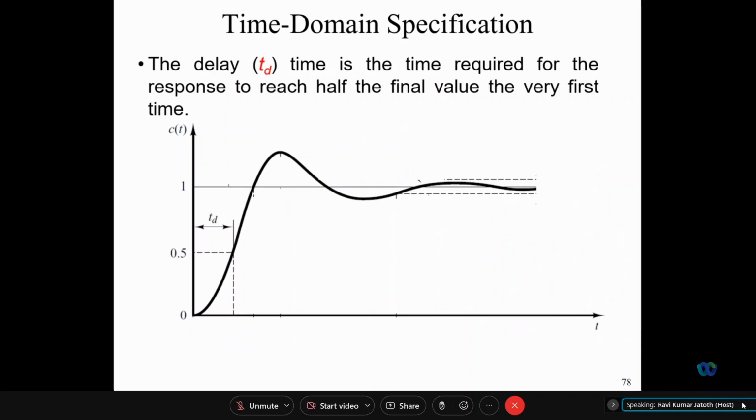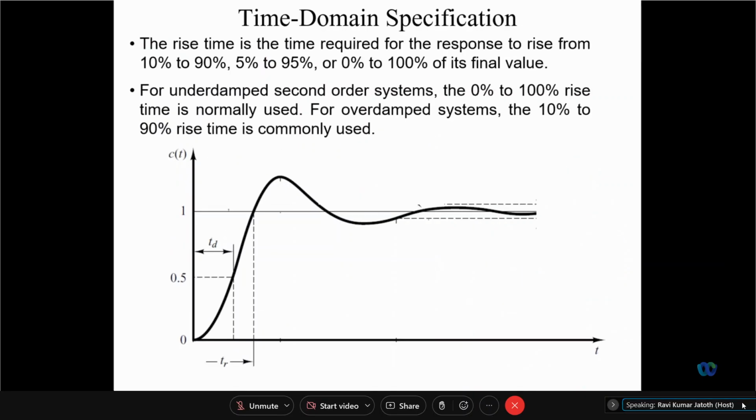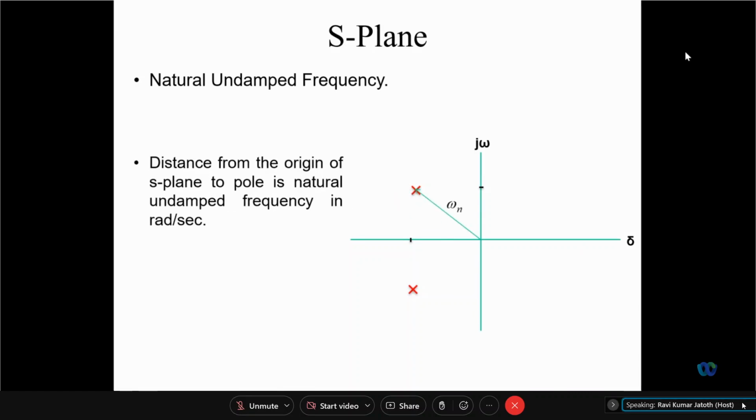Now, when we try to see the system behavior, we try to characterize the system. A second order system response would be like this, right? The characterization is done using a few parameters, which we will discuss a little later. So this is the S plane. Undamped frequency is what we said.